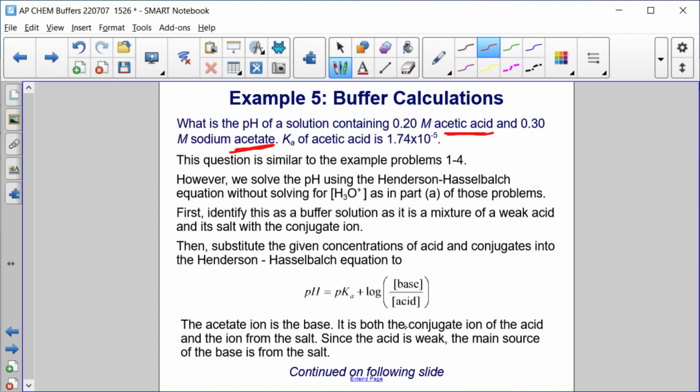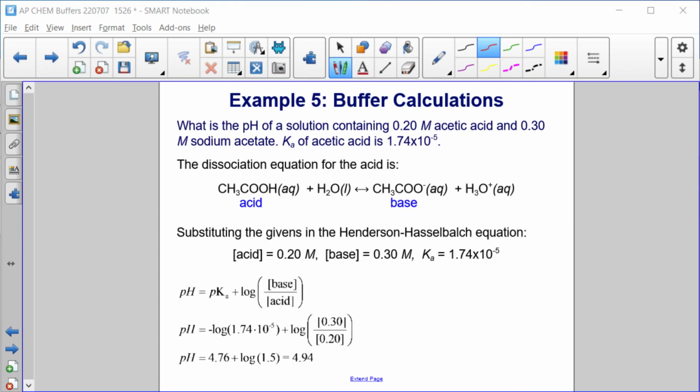The acetate ion is the base. It is both the conjugate ion of the acid and the ion of the salt. Since the acid is weak, meaning not very dissociated, the main source of the base is from the salt, sodium acetate. So here's the dissociation equation for the acetic acid to acetate and hydronium ion.